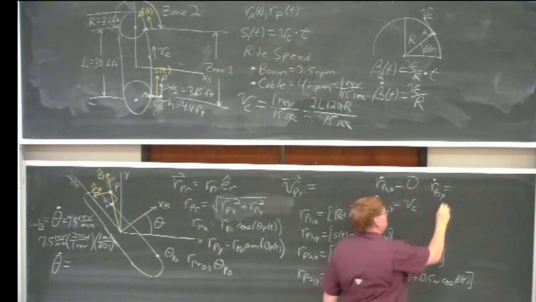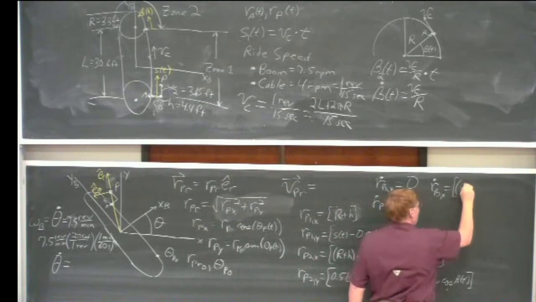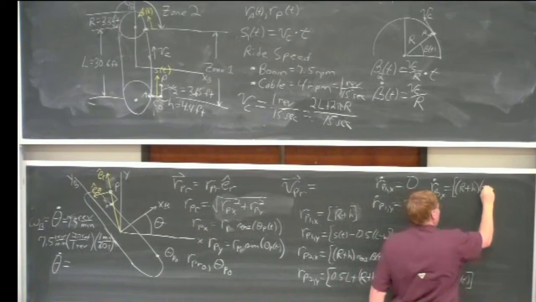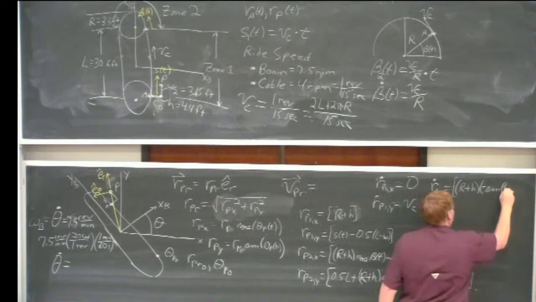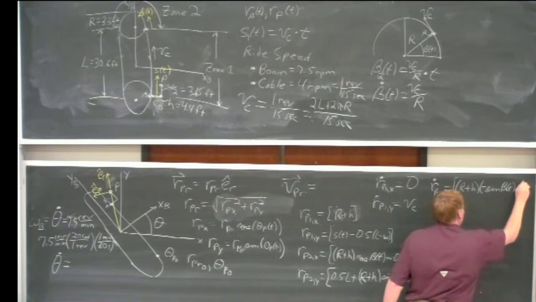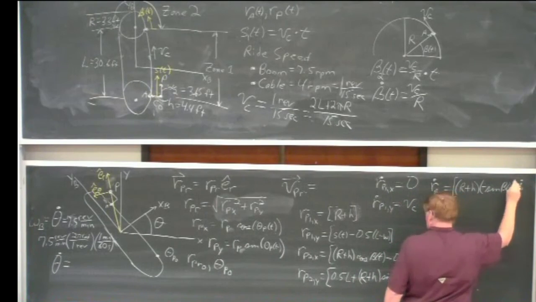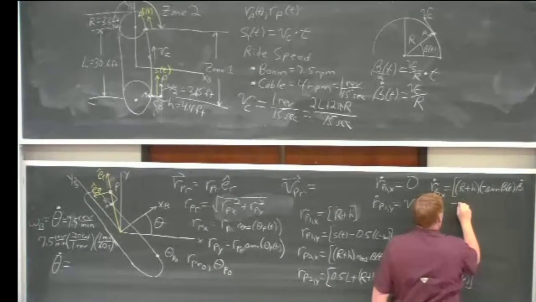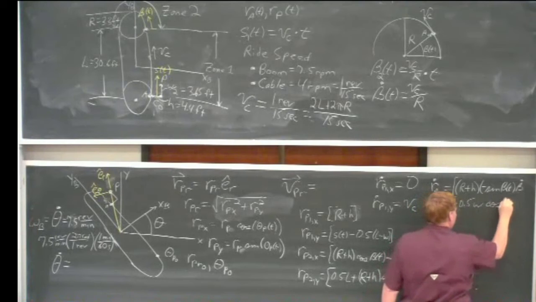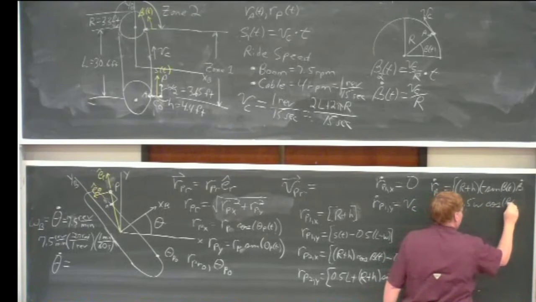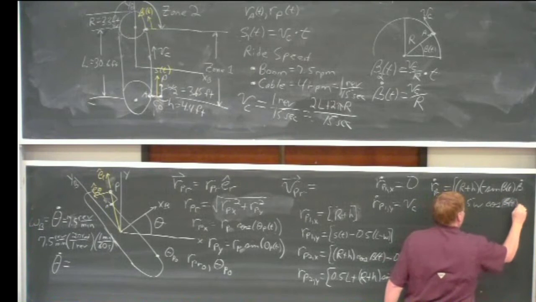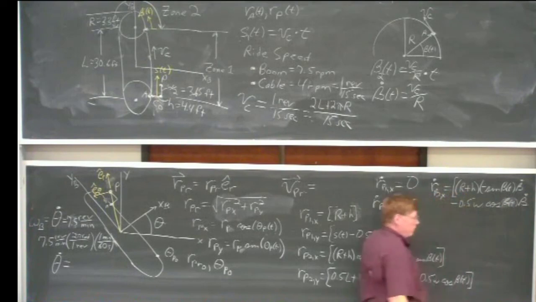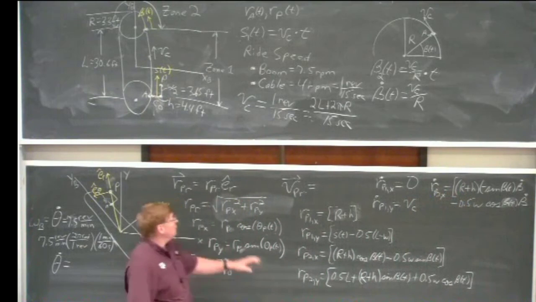What do you get? R plus h minus sine of beta t, beta dot. And then minus 0.5 w cosine of beta t, beta dot. Of course, what is beta dot?